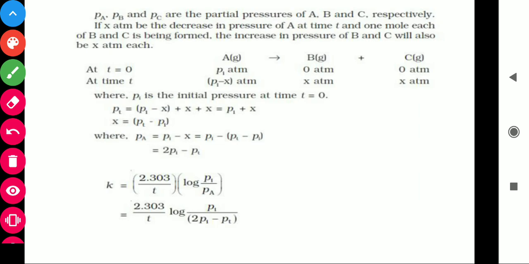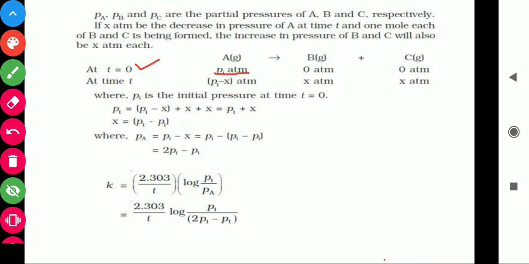If in this reaction we take P1 atm, atmospheric, it may be in bar also or any other unit of pressure. P1 is the initial pressure of reactant when t is equal to 0, it means reaction is not started.